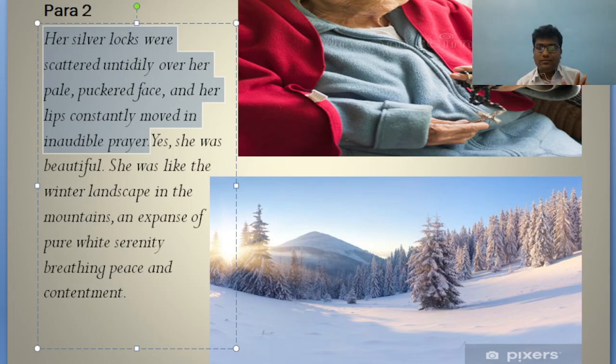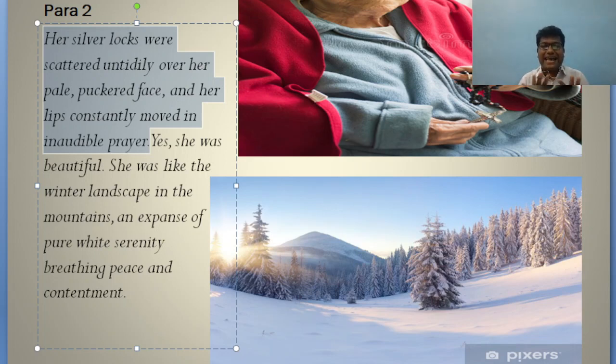Now, her silver locks. What are locks? Some portion of your hair, of your frontal face, when accumulated, makes a particular shape on the top of your forehead, maybe right side, maybe left side, maybe in the middle, that is known as locks. So the silver locks, because gray or silver hair is again a symbol of old age.